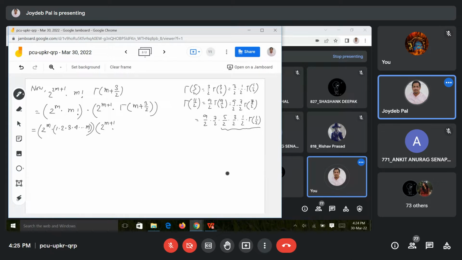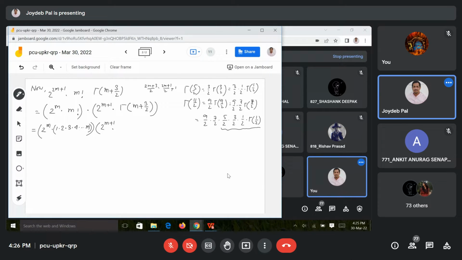So what I can write, for that it is 2m plus 3, fine. So 2m plus 3 by 2, that is 2m plus 1 by 2 plus 1. Can I write this? Then in the first step it will be 2m plus 1 by 2 gamma 2m plus 1 by 2, and then you decrease the term by 1 and continue.